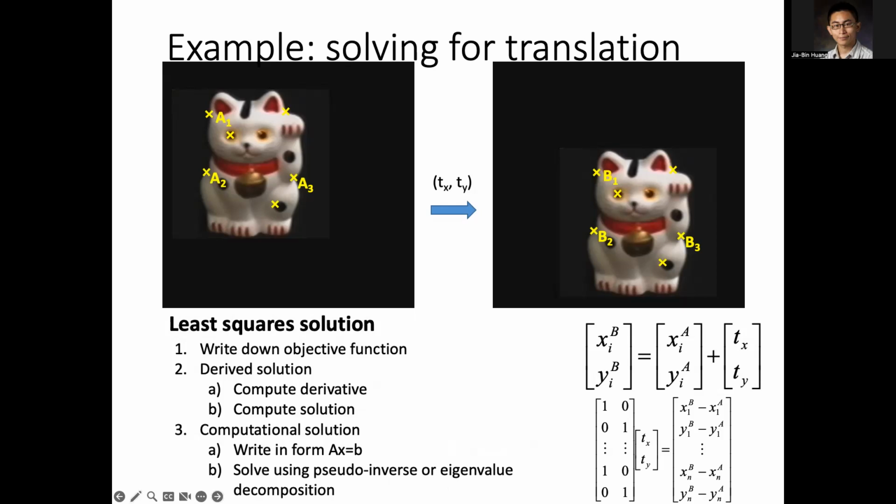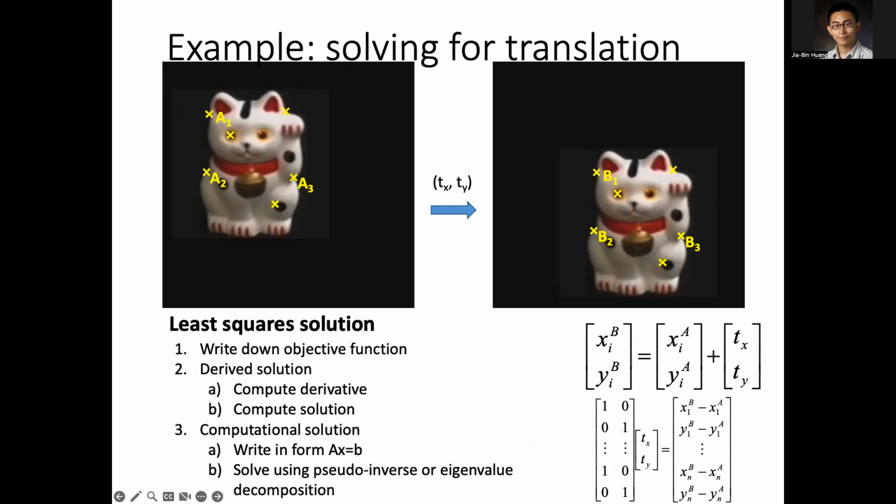Pretty much all the computer vision problems we have encountered so far can be solved like this. I have unknowns, tx and ty, and I just put them in a column vector. Then I look at the equations I was given and represent them with this. So I have tx, ty in the column vector that's unknown.